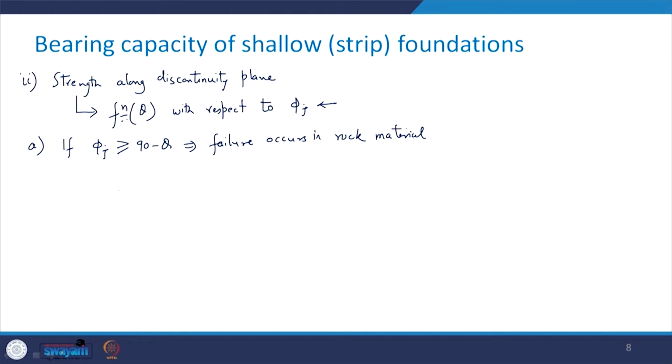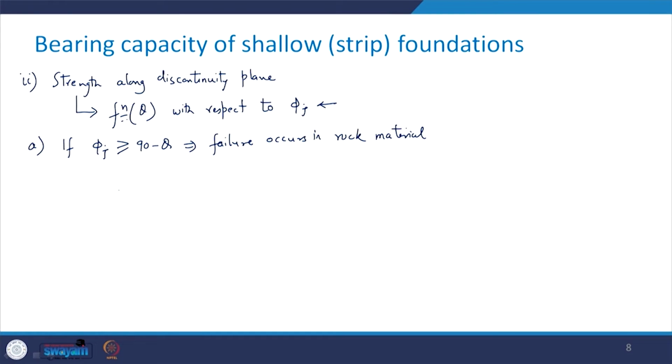Please recall our discussion with respect to the theory related to single plane of weakness. There I explained to you when the failure will occur in rock material and when the failure will be there along the discontinuity.